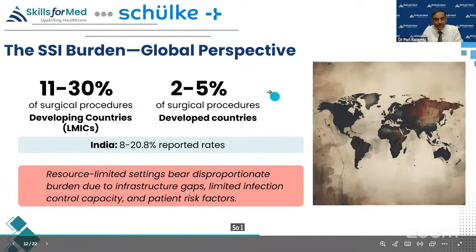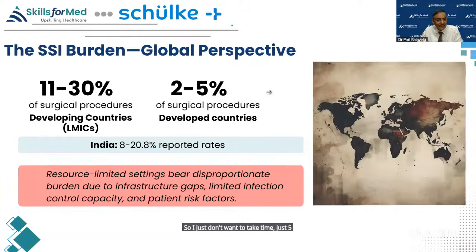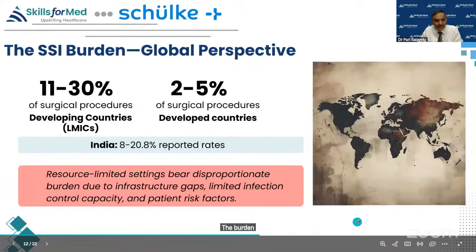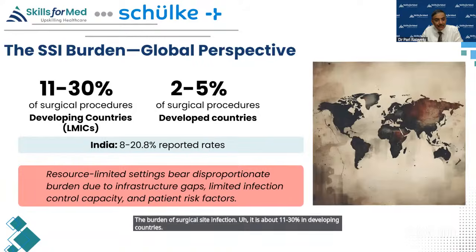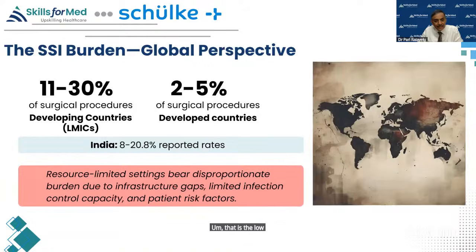I just want to take 5 minutes to highlight the burden of surgical site infection. It is about 11 to 30% in developing countries, that is, the low and middle income group countries. In sharp contrast, the developed countries, the West and others, have a very low incidence of surgical site infection, about 2 to 5%.